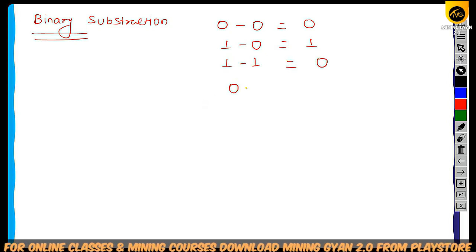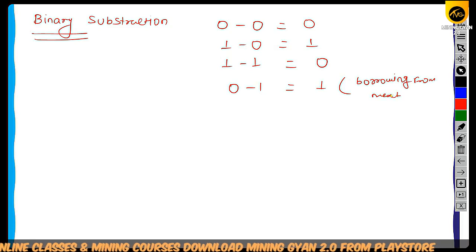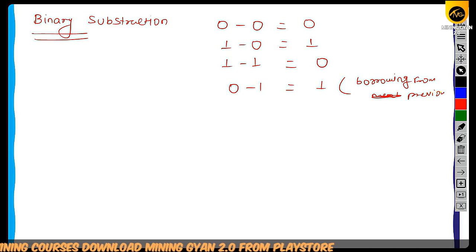And similarly 0 minus 1 will become 1, with a borrow from the previous column. So basically there is a condition of borrowing from the next column. If you borrow from the neighboring column or previous column, then it becomes 1.